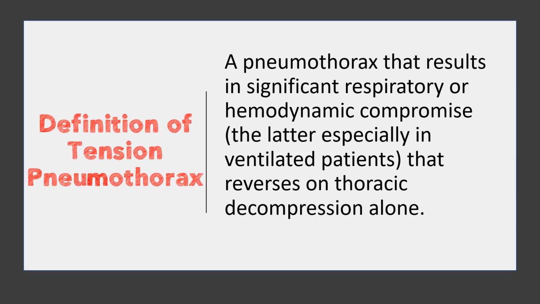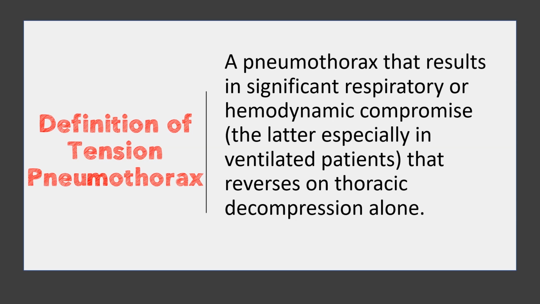I think this definition makes sense to me, in my opinion and in my anecdotal experience, it can be very difficult to actually appreciate the clinical findings of a tension pneumothorax. And the classic findings of JVD and tracheal deviation are so uncommon and unreliable that we should almost just wipe those from clinical signs or symptoms of patients with a tension pneumo.